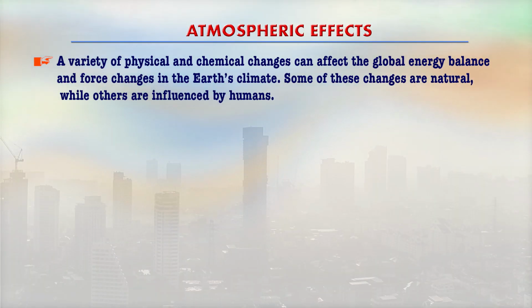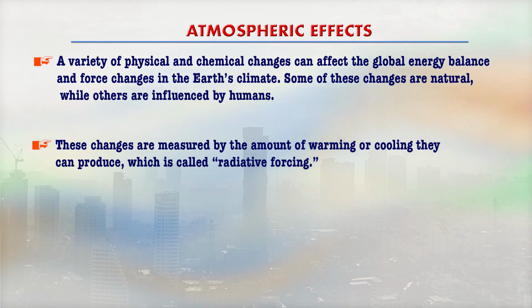A variety of physical and chemical changes can affect the global energy balance and force changes in the earth's climate. Some of these changes may be natural and some others are influenced by humans, that is anthropogenic. These changes are measured by the amount of warming or cooling they can produce.